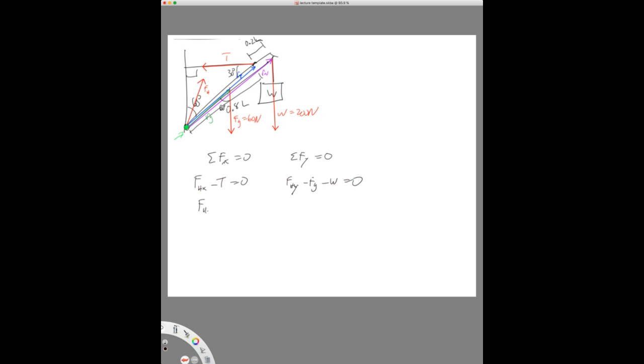So the F hinge x is just equal to tension, which is 498 newtons. And the F hinge y is just equal to Fg plus W, which is 260 newtons.